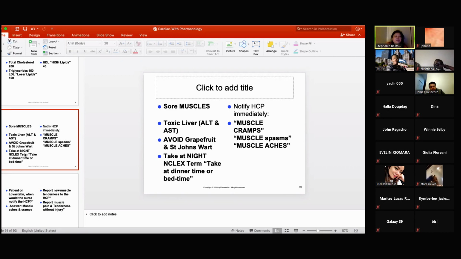We have to know that it works on the liver by preventing the liver from making cholesterol by blocking a certain enzyme. So if your liver enzymes are already elevated, you have to watch out for that. For some reason, avoid grapefruit and St. John's wort. It's an over-the-counter medication.